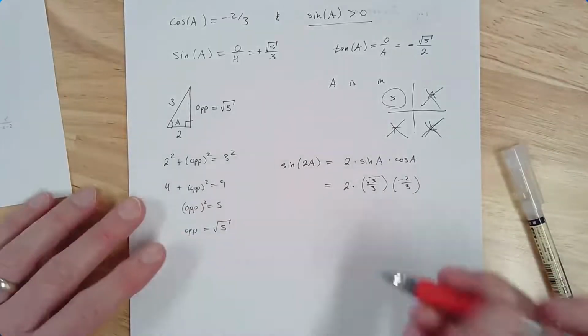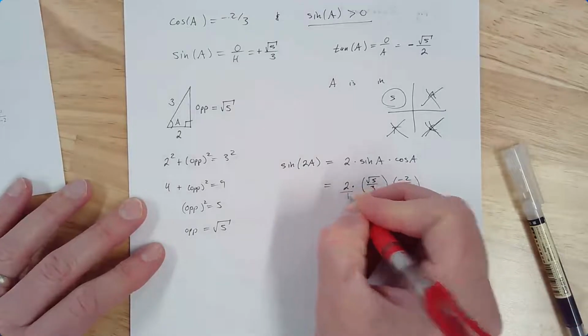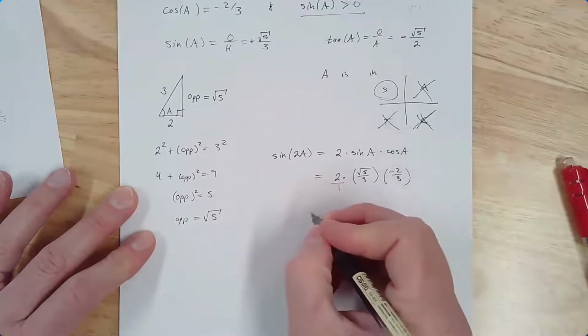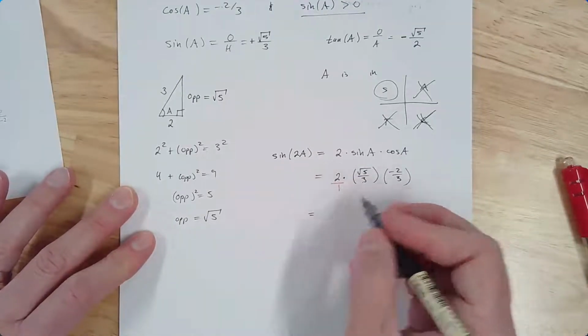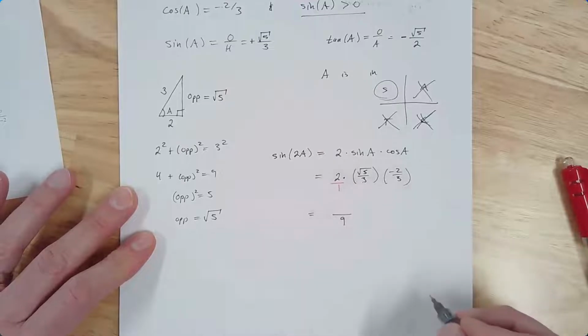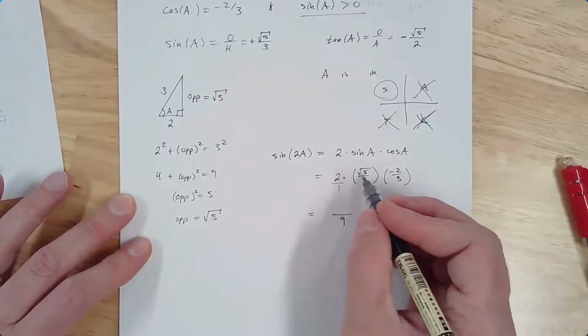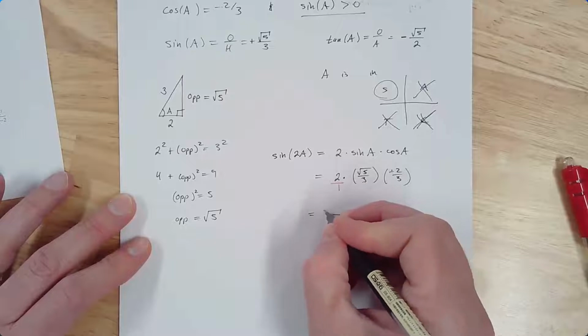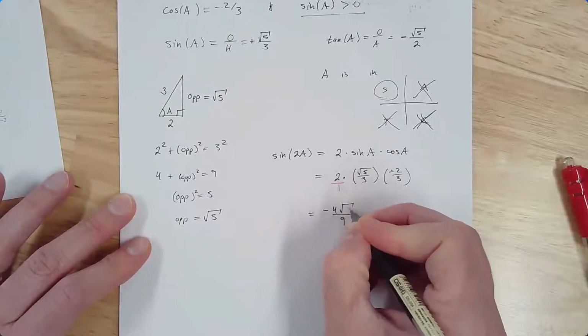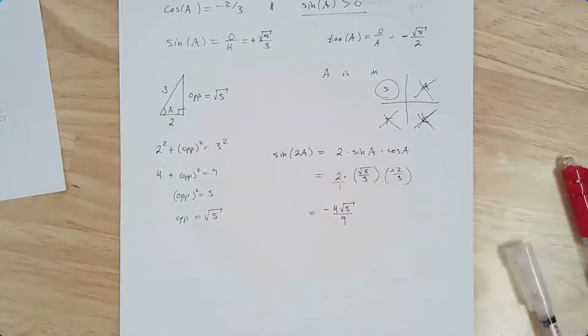Simplifying this, we should probably write it as one fraction. That's 2 over 1, so my denominator is 1 times 3 times 3, which is 9. And my numerator is 2 times root 5 times negative 2, so negative 4 root 5. There's my sine of 2A.